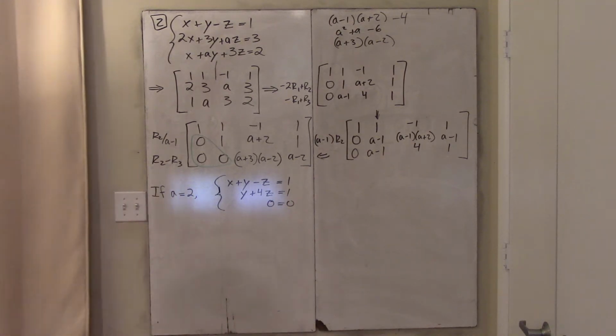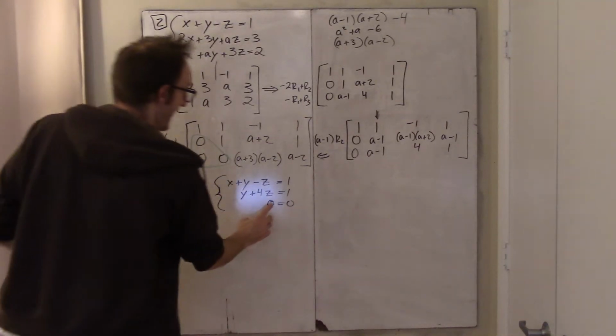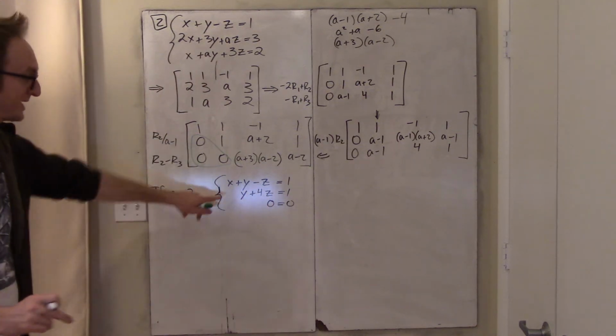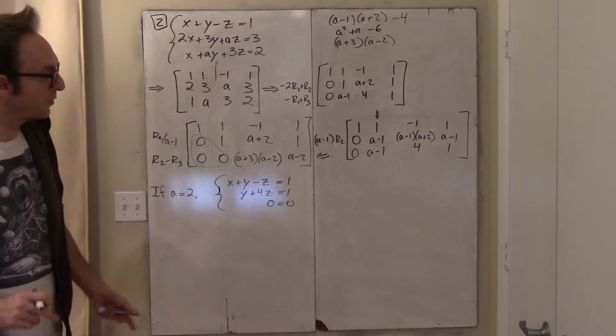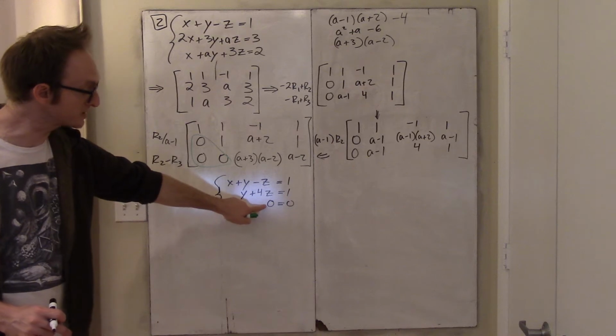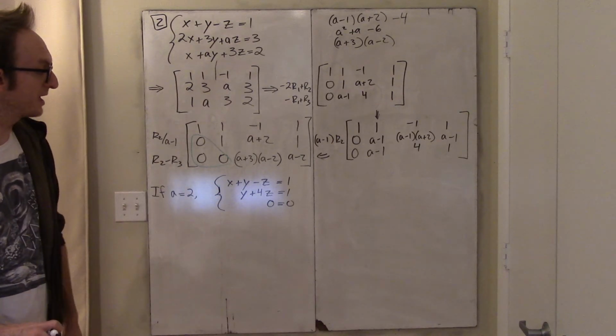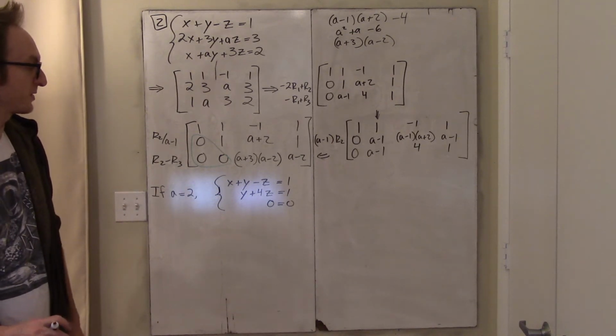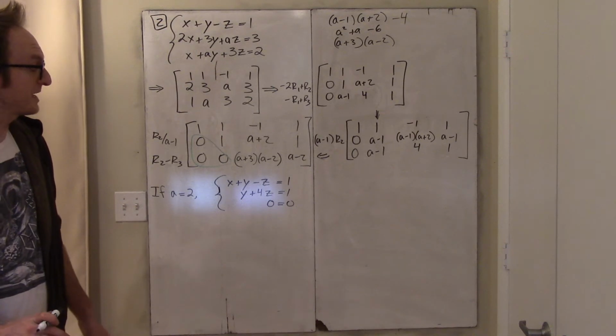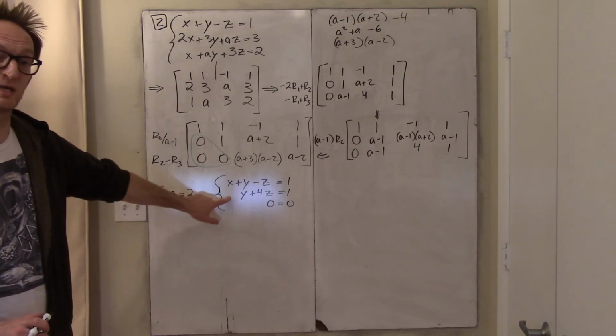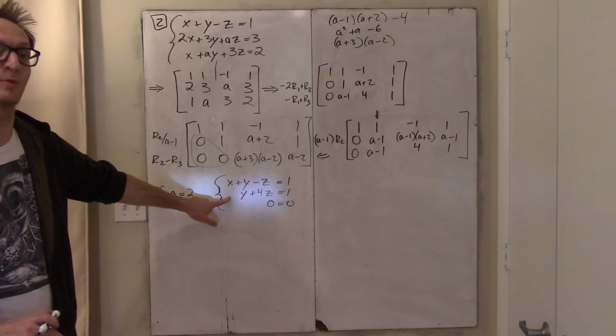And so in the case in which a is 2, we have a system of equations in which one of the equations is not really there at all. From our experience with solving these systems, that means this system is going to have an infinite number of solutions.